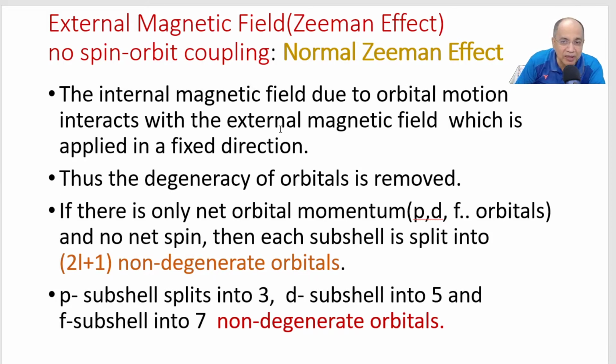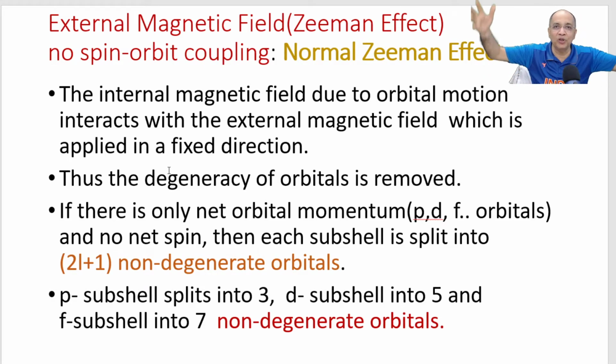The internal magnetic field is due to the orbital motion; we have assumed that the spinning motion has no effect under low resolution conditions. The internal magnetic field due to orbital motion, that is capital L, interacts with the external magnetic field B0, which is applied in a fixed direction.